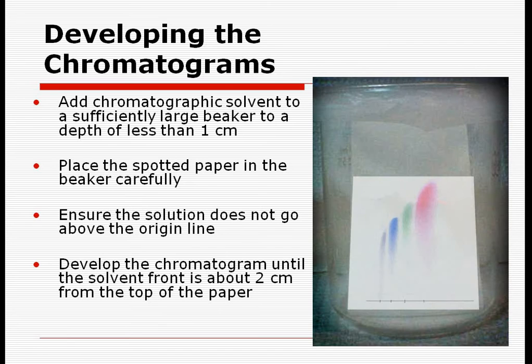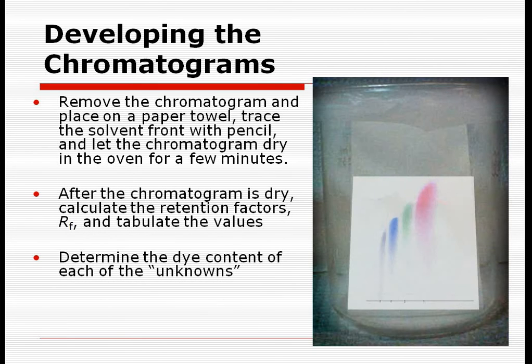Develop the chromatogram until the solvent front is about 2 centimeters from the top of the paper. Remove the chromatogram and place it on a paper towel. Trace the solvent front with a pencil and let the chromatogram dry in the oven for a few minutes.